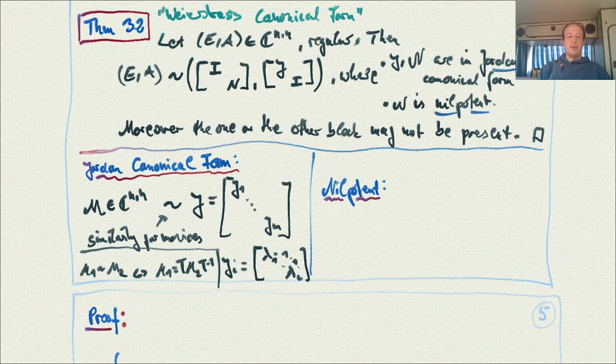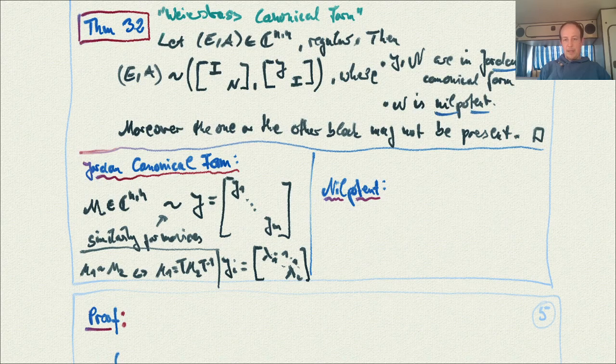You all had this in linear algebra, that every square matrix has a Jordan form in the sense that it's similar to a matrix of this type. And these lambda i are the eigenvalues of this matrix, and they can be 0 in particular.